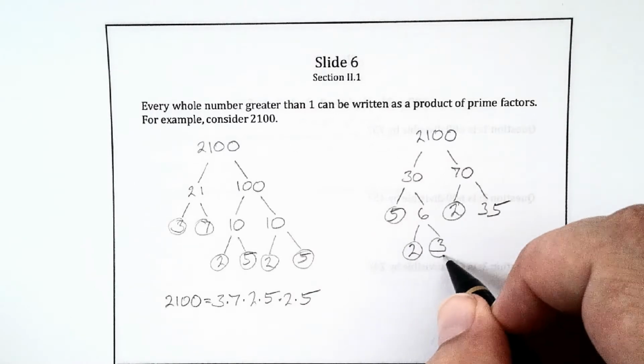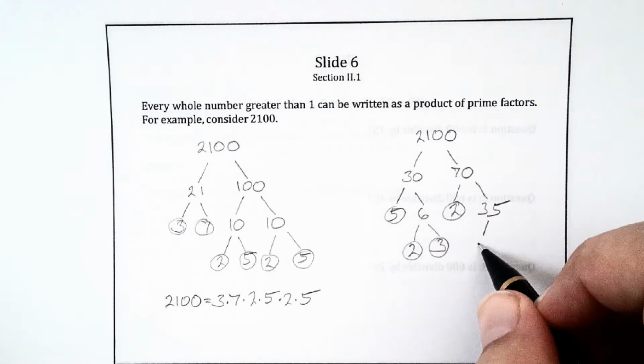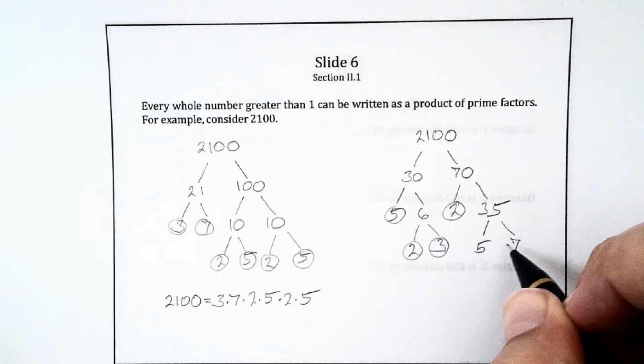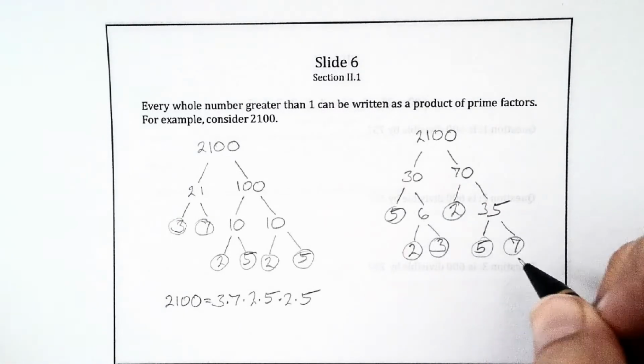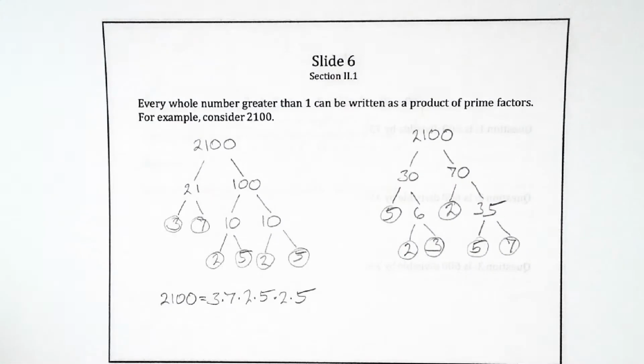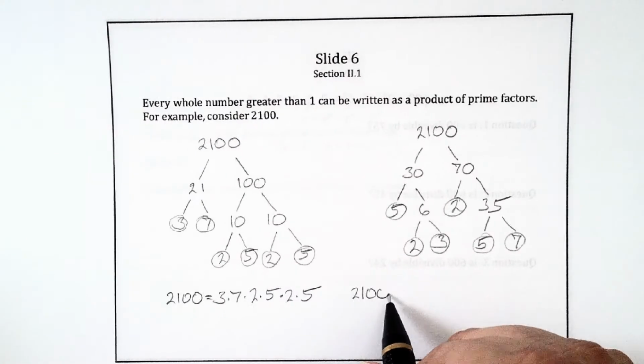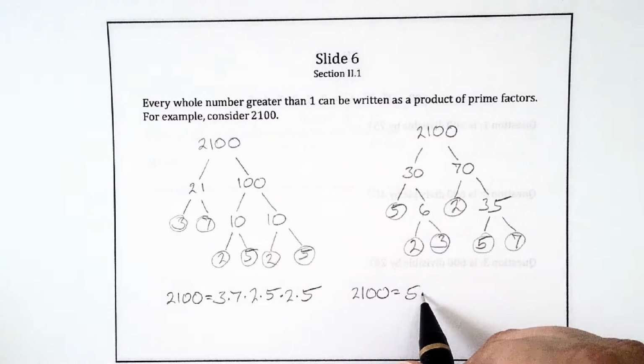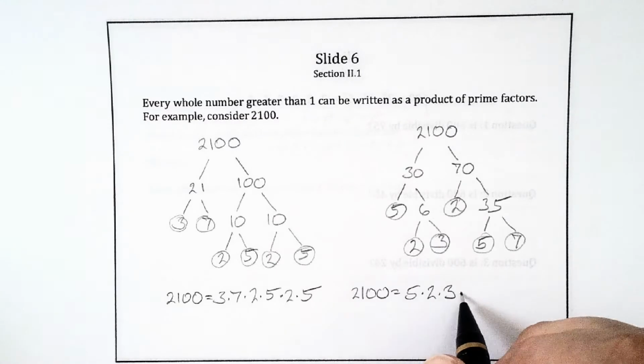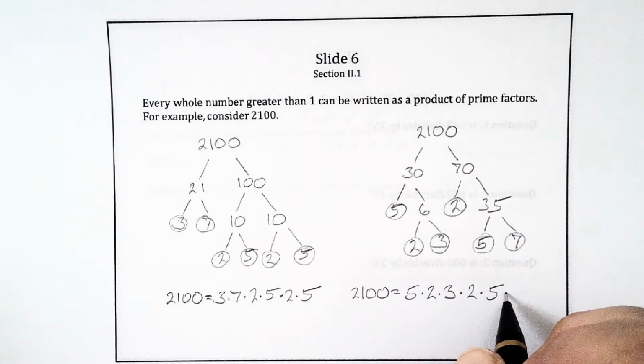Both of those are prime. 35 is 5 times 7. And 5 and 7 are both prime. So this tells us that 2100 is 5 times 2 times 3 times 2 times 5 times 7.